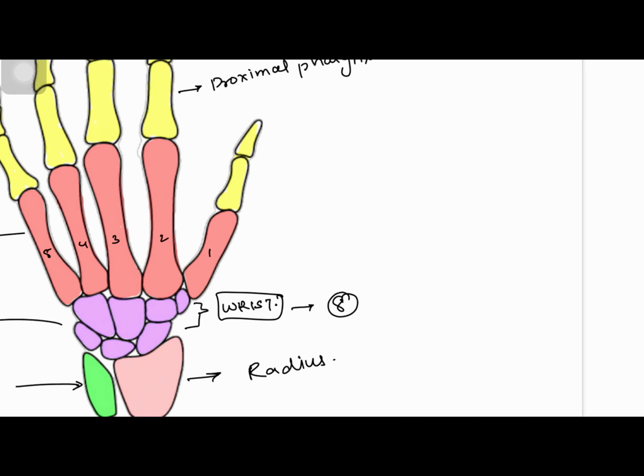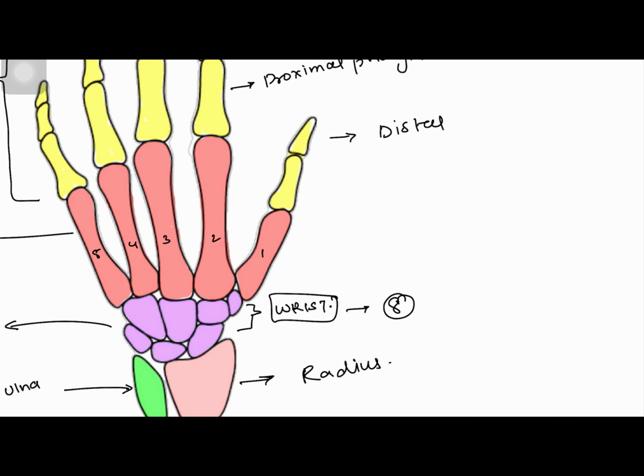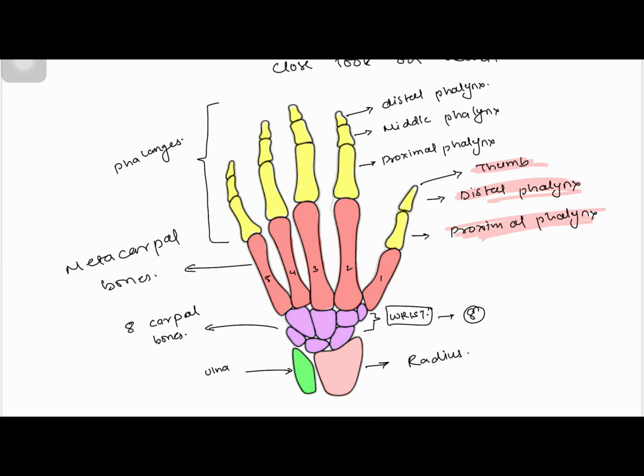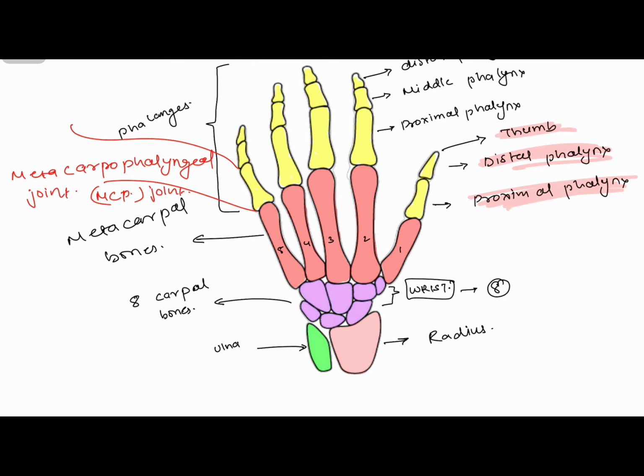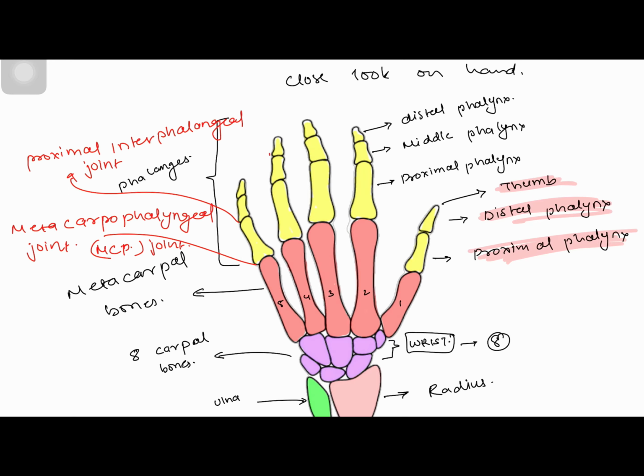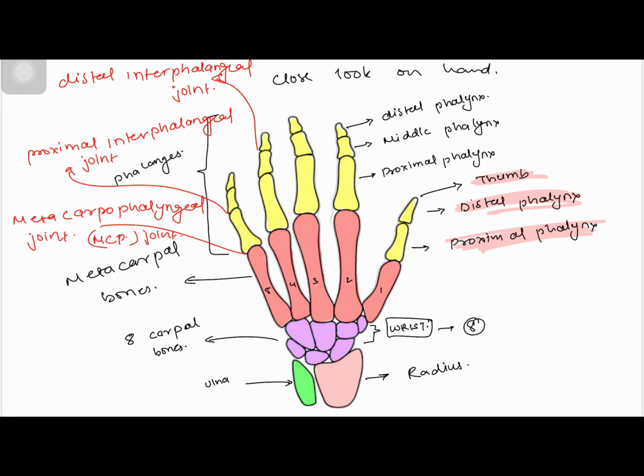But there is an interesting thing: the thumb only has the distal phalanx and proximal phalanx. The first joint between the fingers is called the metacarpophalangeal joint, or MCP. Another joint is the proximal interphalangeal joint, and at the end of the fingers we have the distal interphalangeal joint.